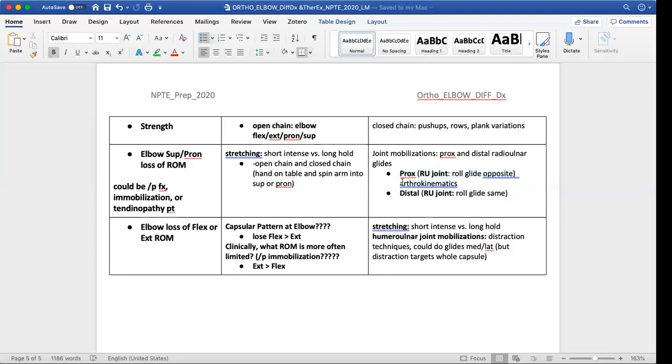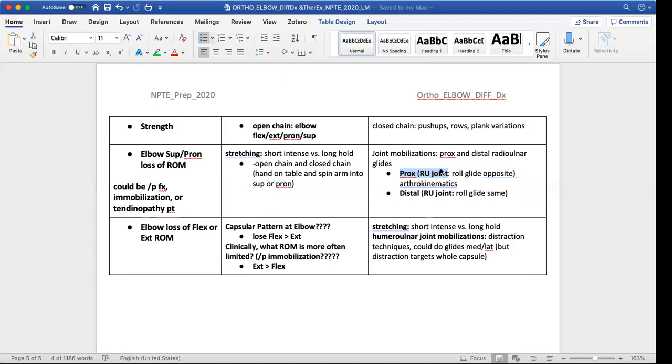So for example, if you're wanting to improve supination, forearm supination, and you're treating at the proximal radial ulnar joint, you can remember that the radial head is going to move on the radial notch in the ulna. So the radius is moving on the ulna, the radial head is moving.